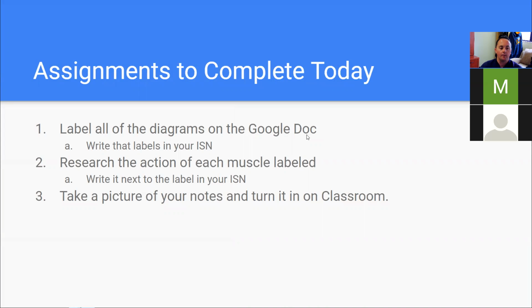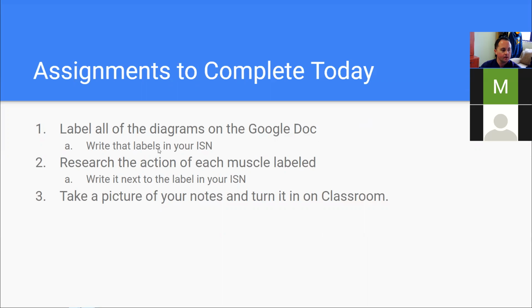I would like you to label all of them in your ISN. Label the list accordingly. So the first one was the bones of the skeleton, 1 through 18. Then you could have pieces of a long bone, pieces of the vertebrae. Put a title so that I know what you are labeling.